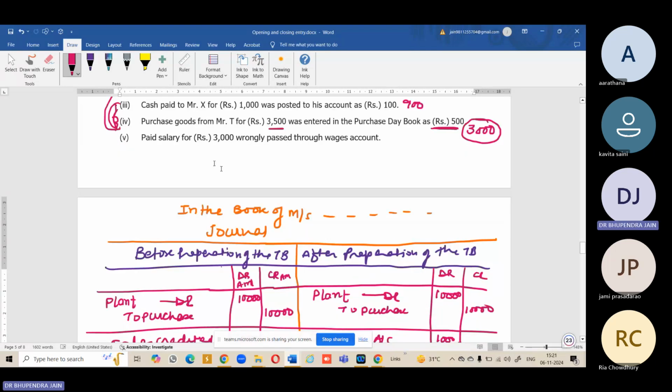Paid salary for rupees 3000 was wrongly passed to the wages account. So it is a double side mistake. What is the wrong entry? Paid salary wrongly passed through wages. So the wrong entry is wages account debit to cash. What should be the correct entry?